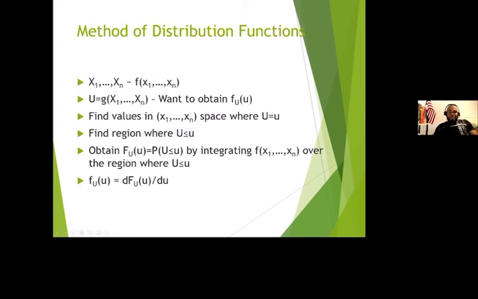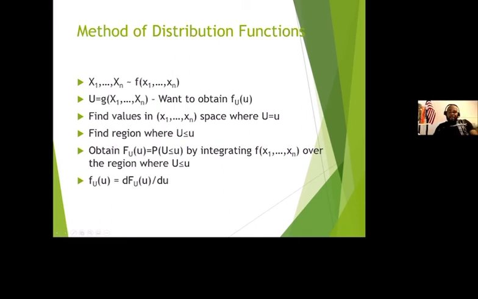And the moment we get the CDF, don't forget, what we're looking for is actually either the PDF or the PMF, depending on whether the new variable is of discrete type or continuous type.